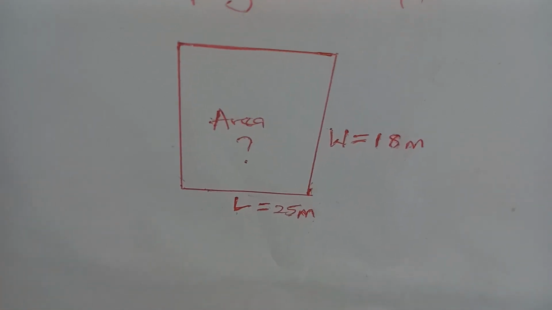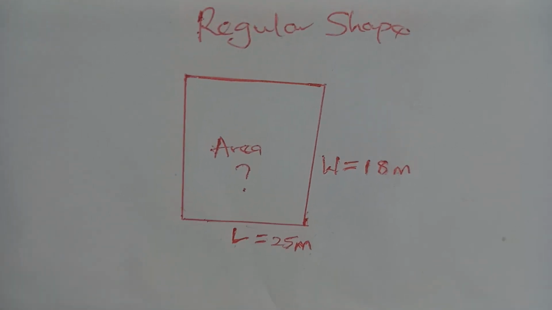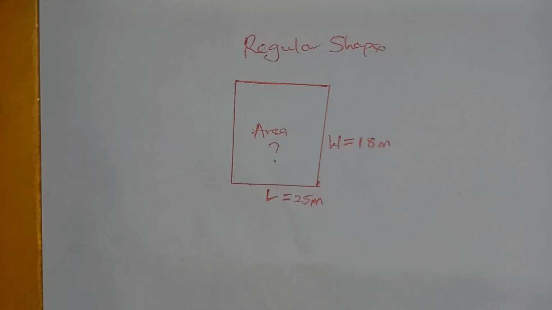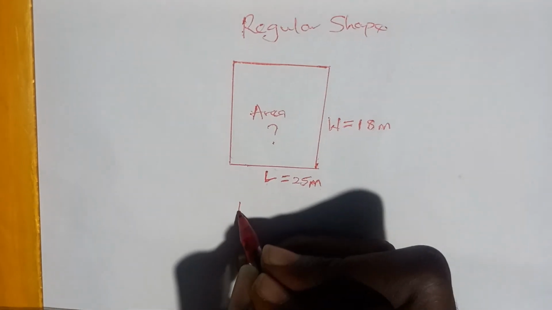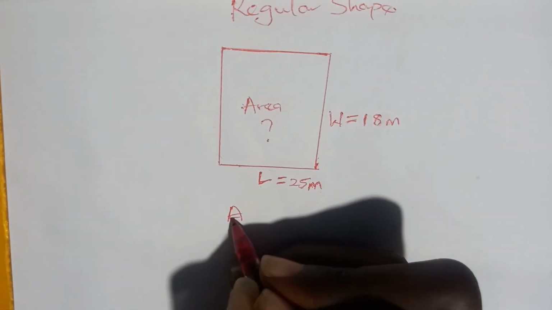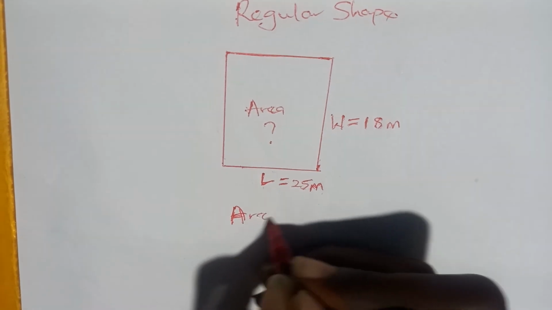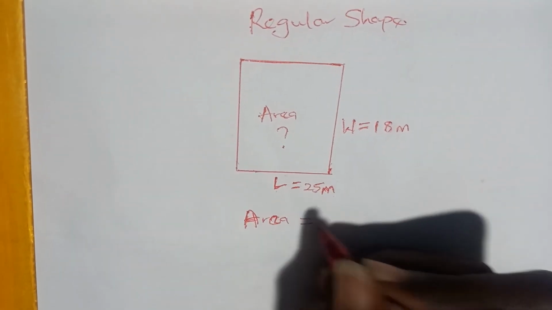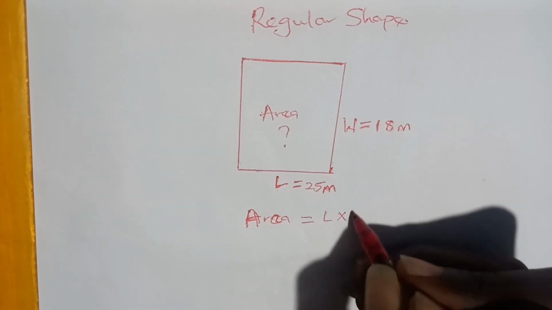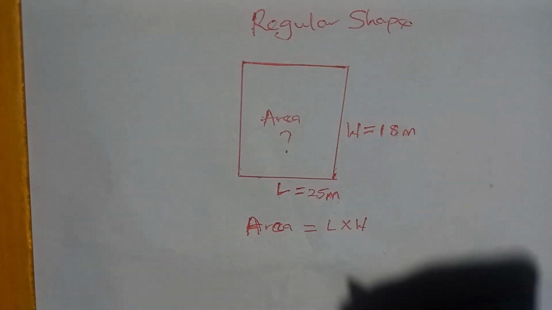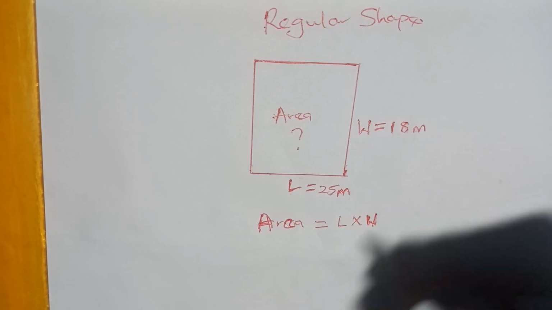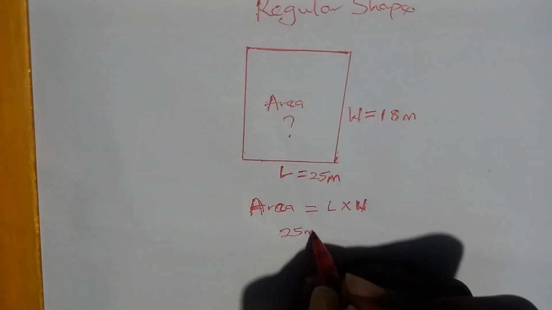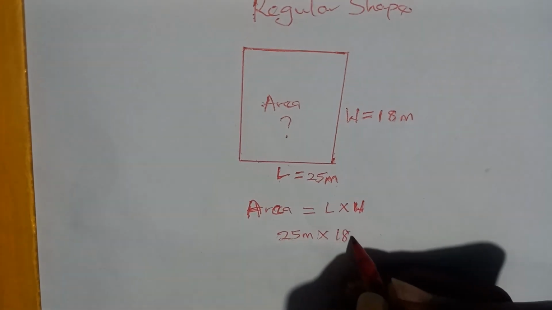To determine the area of this parcel of land, what you simply do is: area is equal to length times width for a regular shape. We have 25 meter multiplied by 18 meter.